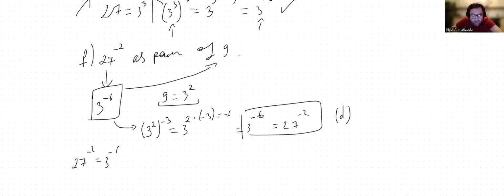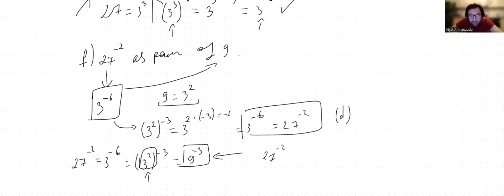Instead of 3 to the power of negative 6, I write it as 3 to the power of 2, to the power of negative 3, because I have to make something related to 9. So 3 to the power of 2 is the same thing as 9. This is 9 to the power of negative 3. So what we showed is that 27 to the power of negative 2 is the same thing as 9 to the power of negative 3.